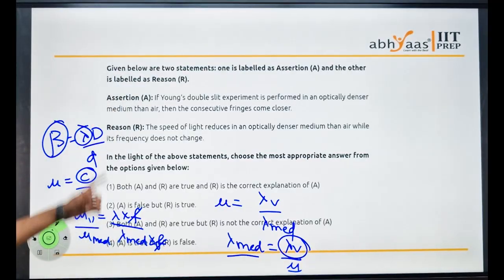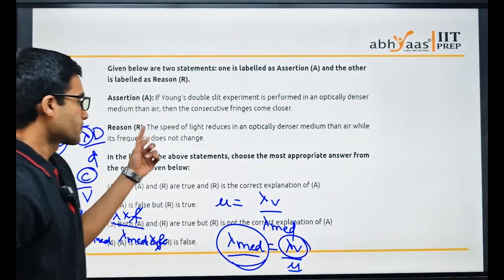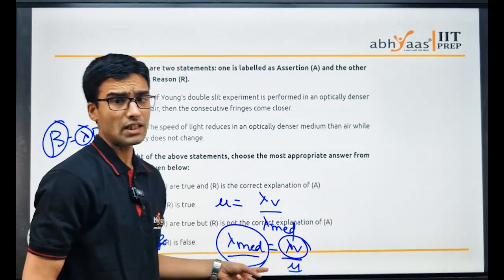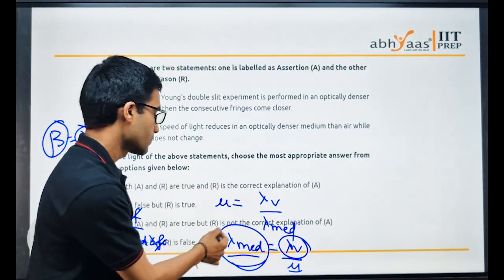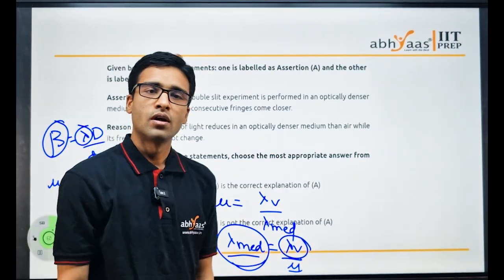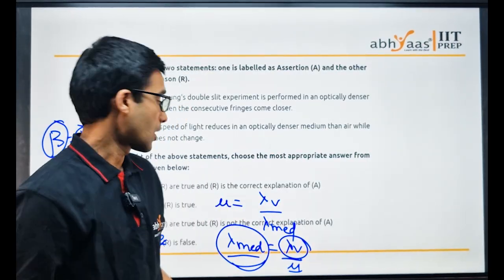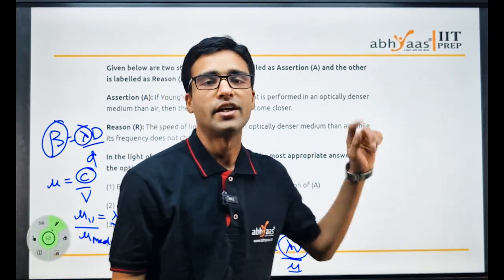So the reason is also correct, because speed of light depends on lambda into frequency. Frequency does not change. That's why speed is proportional to wavelength. So the speed in the medium will decrease compared to vacuum or air. So it reduces.